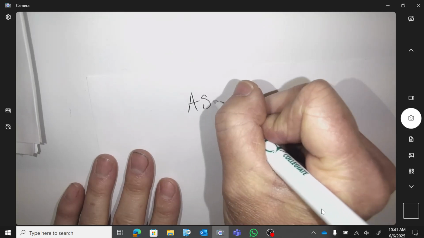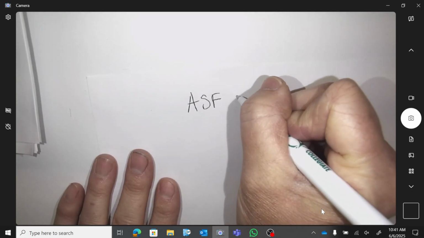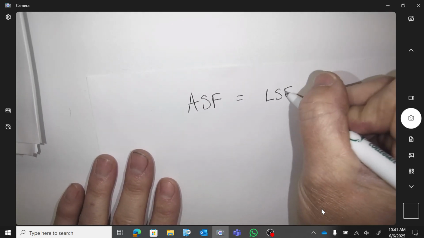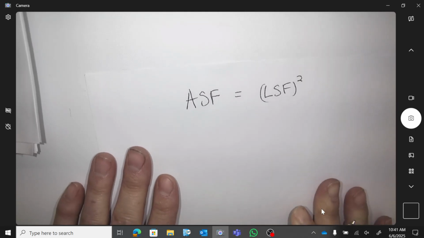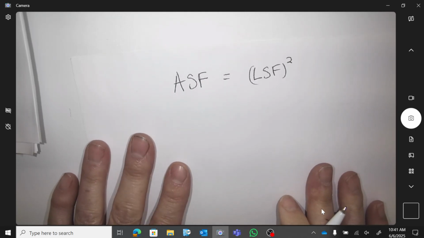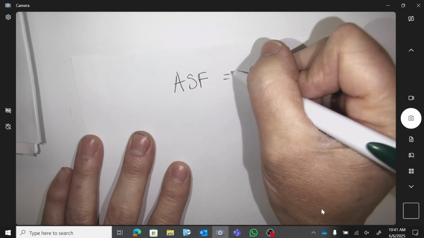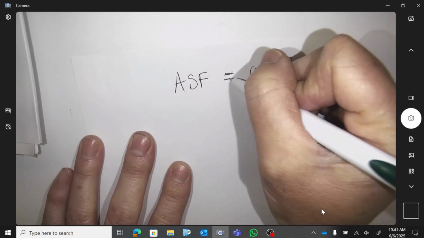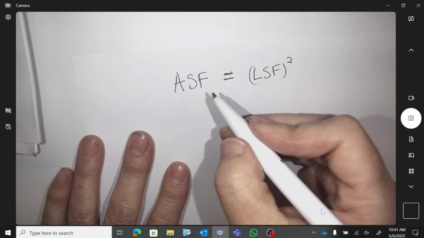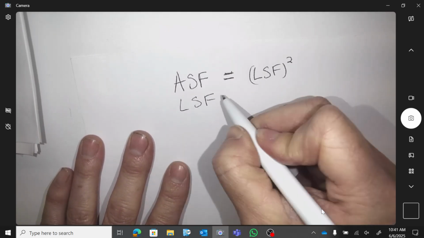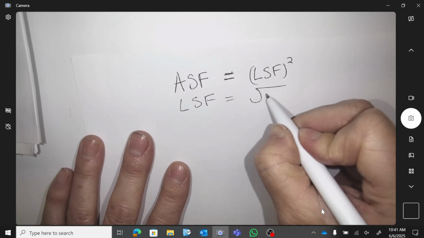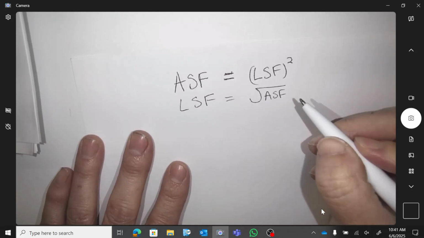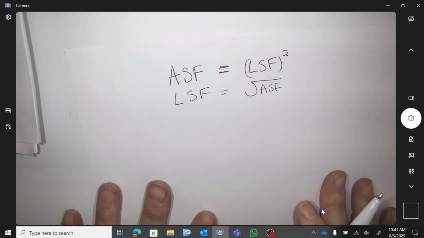Area scale factor equals linear scale factor squared. And linear scale factor equals the square root of the area scale factor, right? Vice versa?